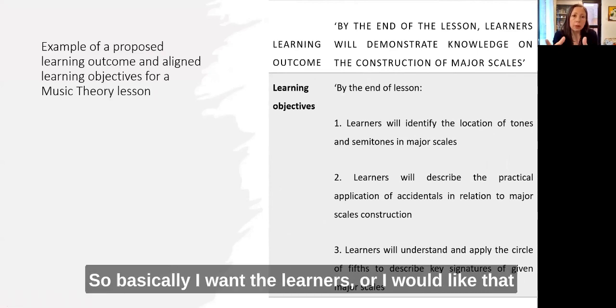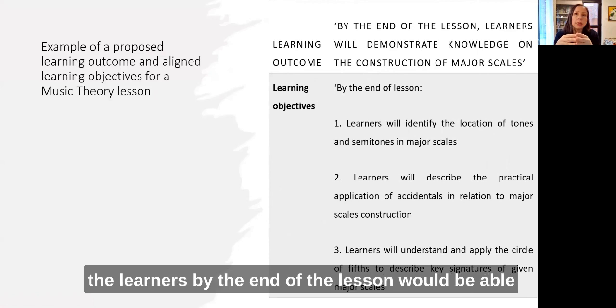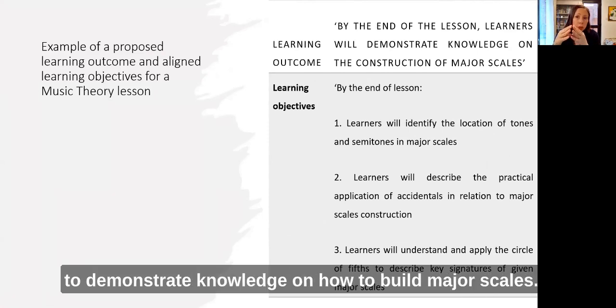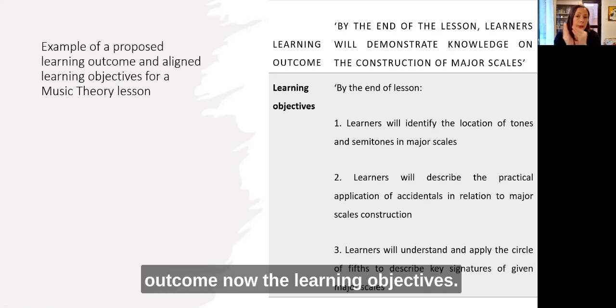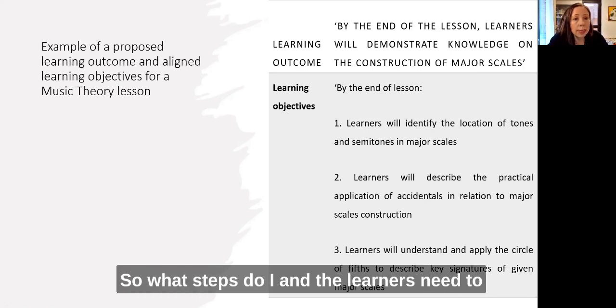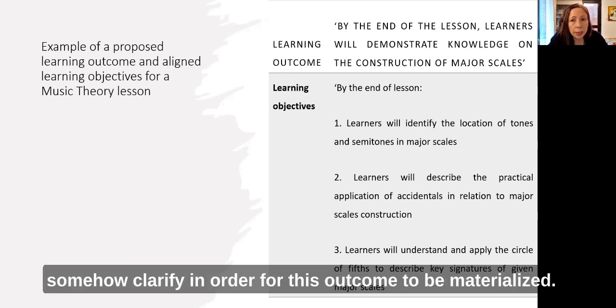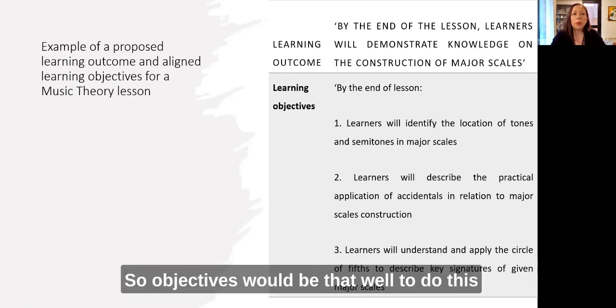Basically, I would like the learners by the end of the lesson to be able to demonstrate knowledge on how to build major scales. Okay, so this is the learning outcome. Now the learning objectives. What steps do I and the learners need to clarify in order for this outcome to materialize?